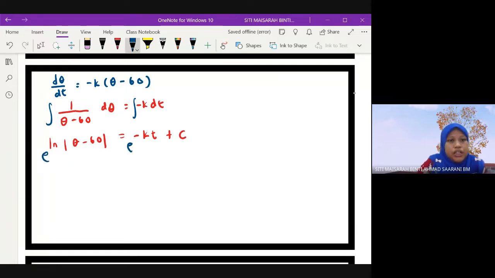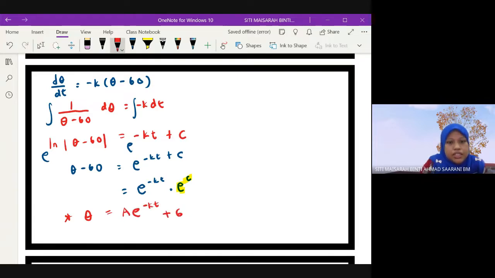So we get theta minus 60 equals E to the power of negative Kt plus C. We can split this into E power negative Kt times E power of C. E power of C we can change to another constant, which is A. So finally our theta is equal to A E negative Kt plus 60.